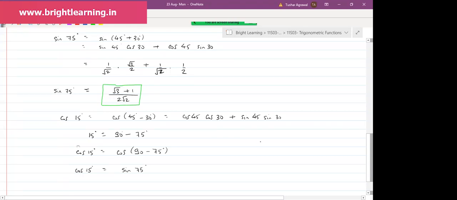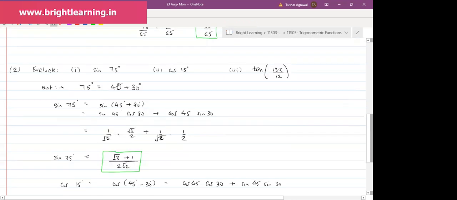The sine of 90 minus theta is equals to cos theta. This we did in school only. Sine of 90 minus theta is cos theta. Cos of 90 minus theta is sine theta. So that's just by direct observation. Also, you can see that the first answer is calculated, so the second answer also will be equal to the same. Root 3 plus 1 upon 2 root 2.